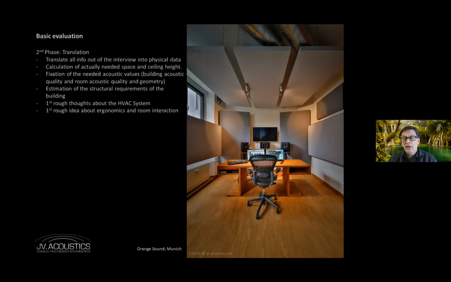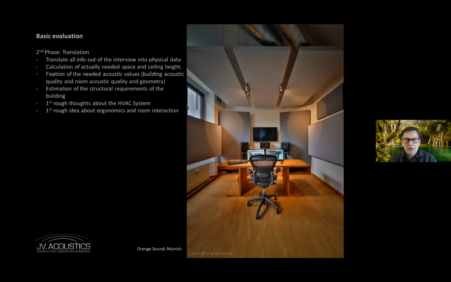So already you try to get a feeling about what is really needed. You need corridors, you need space for the isolation, for the isolating walls, for the room acoustic treatment, and so on and so on. And with experience, you can do the math and do a proper calculation of what you really need. As well, depending on the needed isolation, you have to already think about what kind of load we have on the floors, for example.